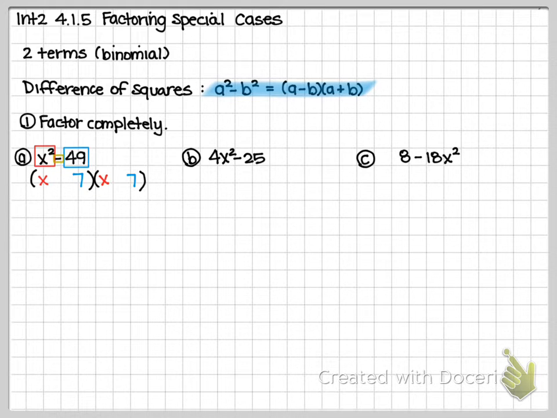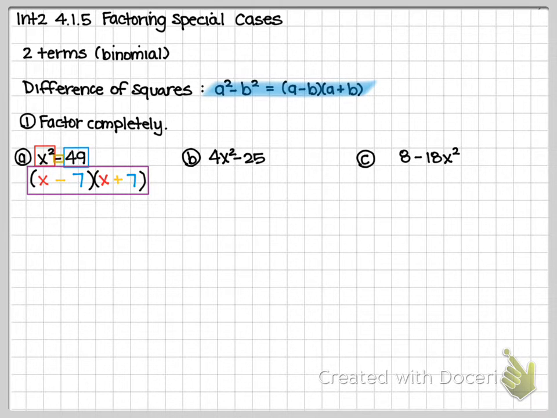Or think about it this way: we have to make sure that one of them is positive and the other one is negative. So we're thinking about multiplication to try to get that negative. The only way that'll work is if the signs are opposed to each other, because we know that a negative times a positive is going to give us that negative. And actually, we're done. That is the entire answer to this question: x minus 7 times x plus 7.